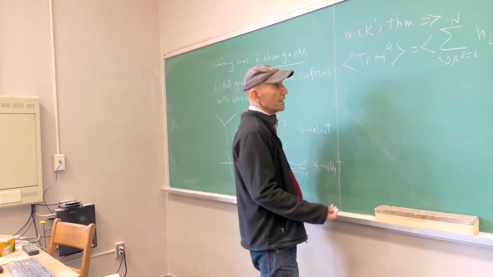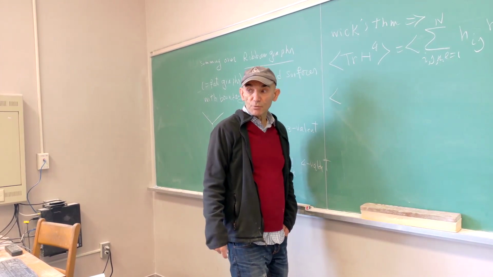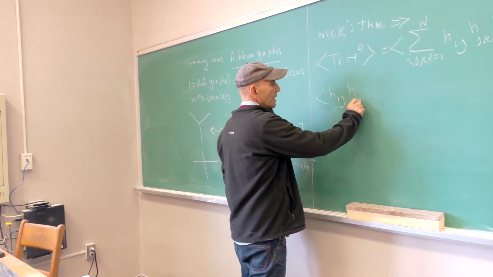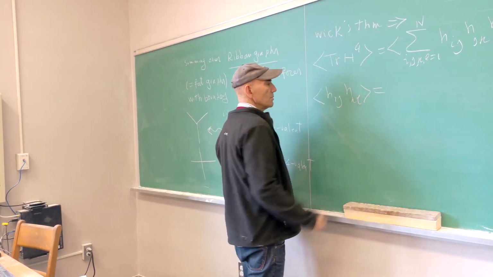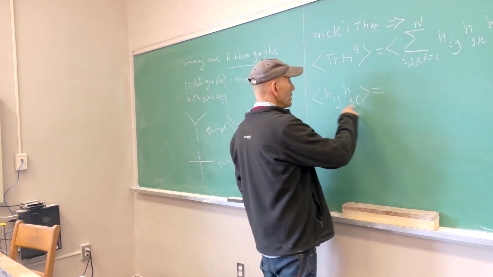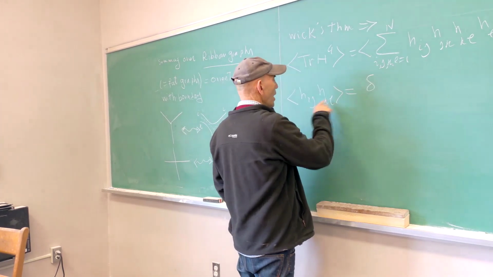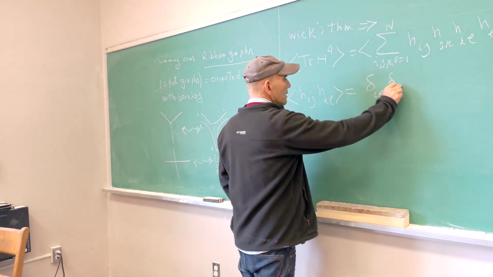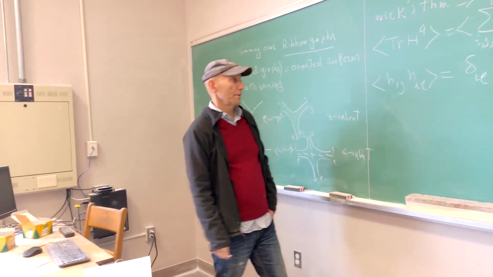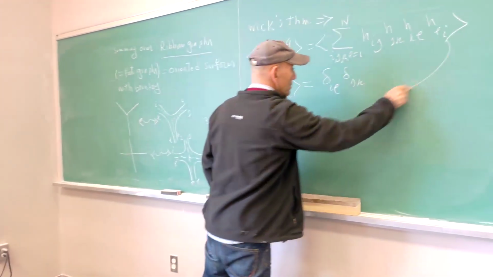However, we know that we have relations for propagators: Hij Hkl is just equal to, let me write it like this, delta il, delta jk. Let's have this in mind, but let's continue here.